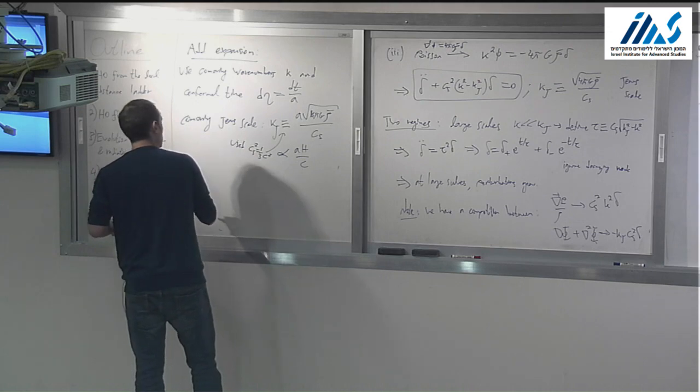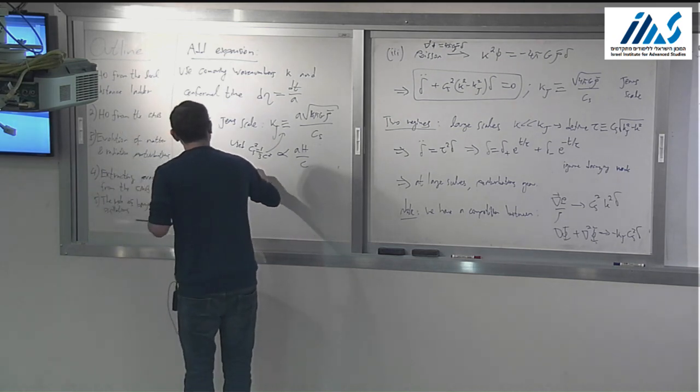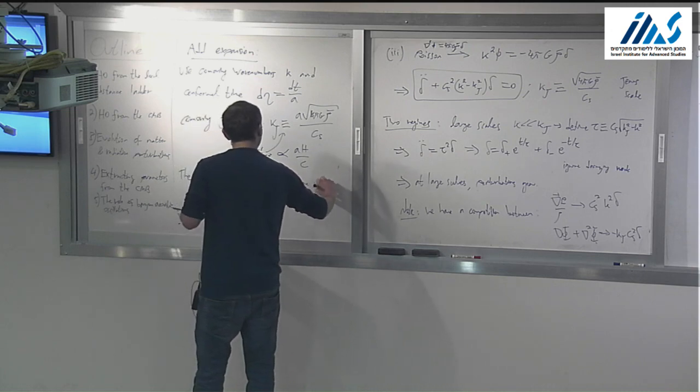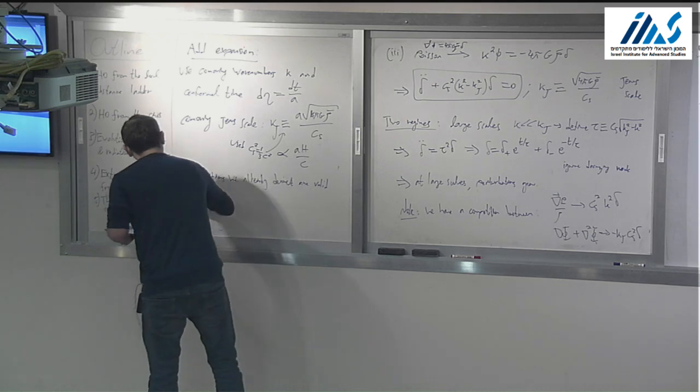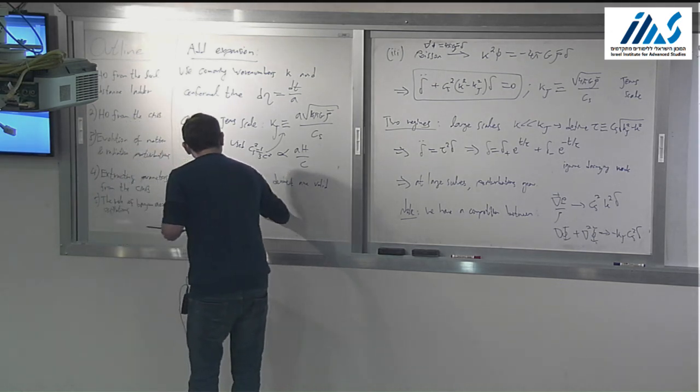Okay, so now it turns out that the equations we already derived are valid for the photon number density.